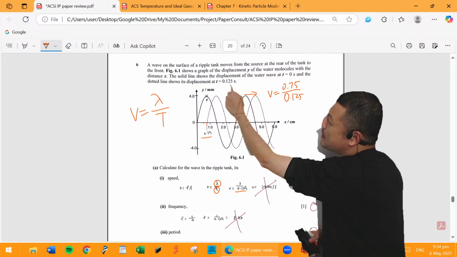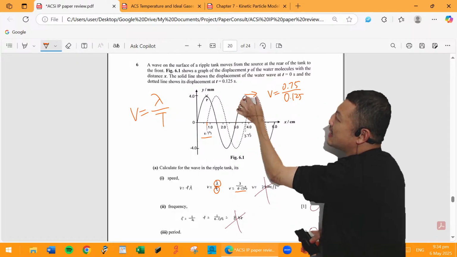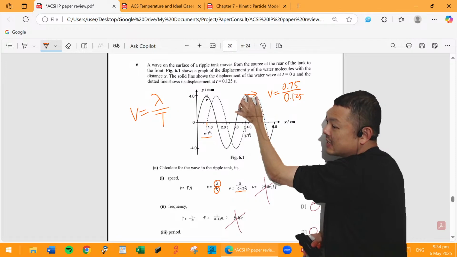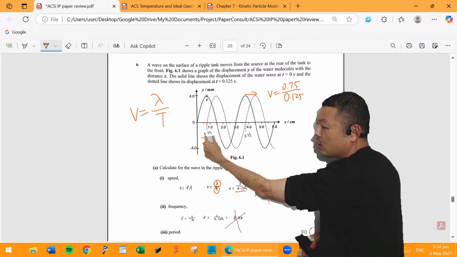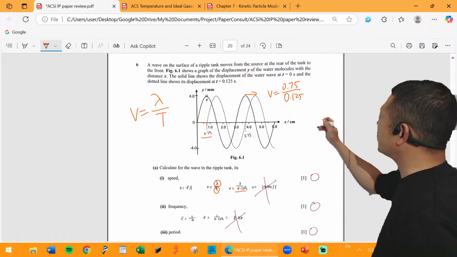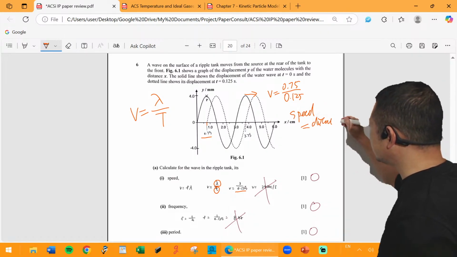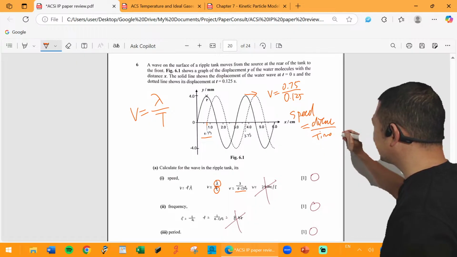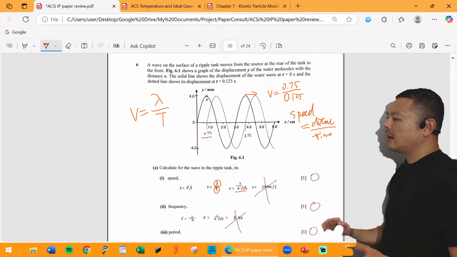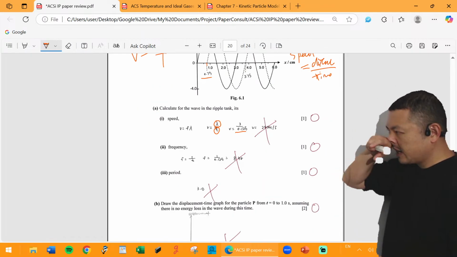They only gave me the time 0.125, the time taken to travel this small distance. This small distance is only 0.75. What this guy is trying to do is speed is equal to distance over time. That's it. Right? So he's trying to trick you guys.